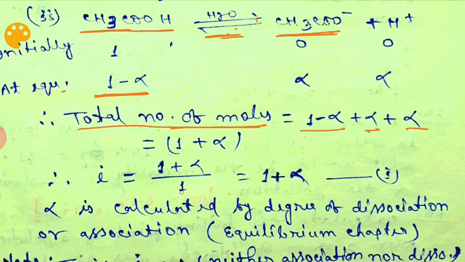Because the number of moles initially was 1. What is alpha? Alpha is the degree of dissociation or association. Here alpha is the degree of dissociation. Here alpha can be calculated by the equations that you have read in the chapter of equilibrium in class 11. Perhaps that was the 7th chapter.